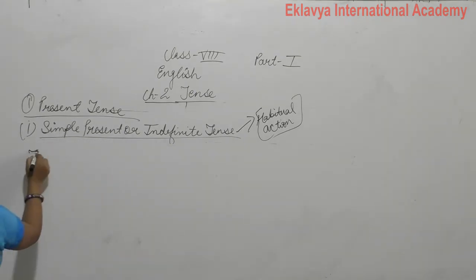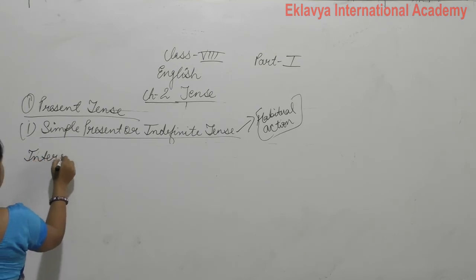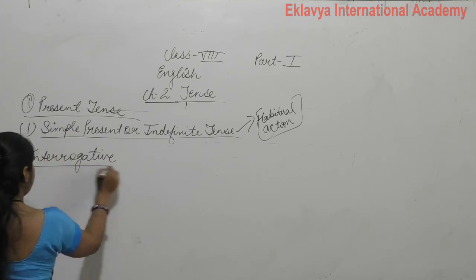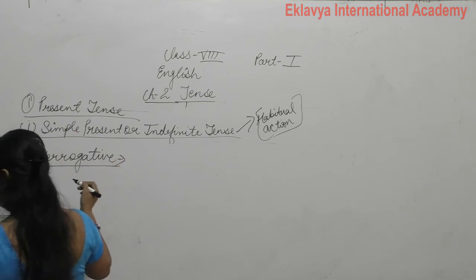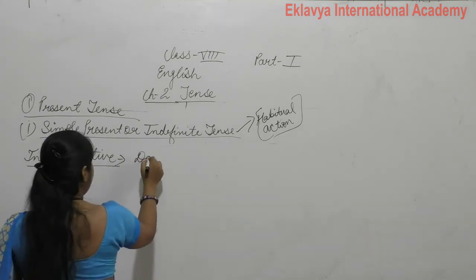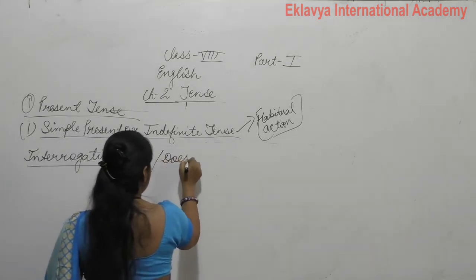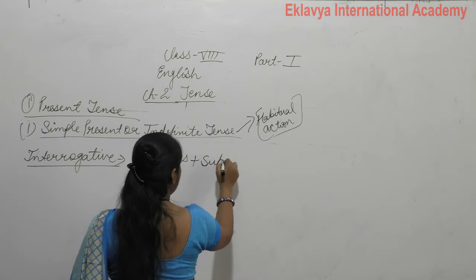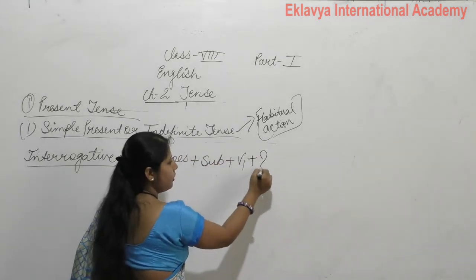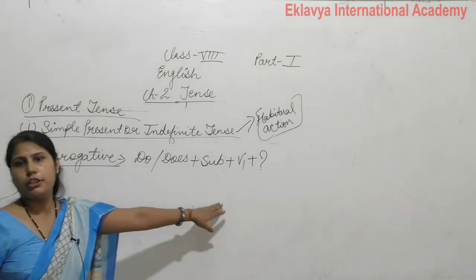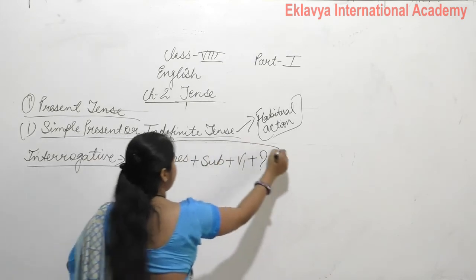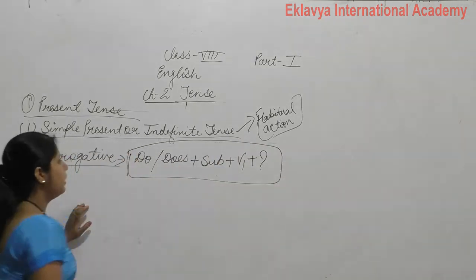Now next is our interrogative. In this, first of all, do, does, after that the subject comes, after that verb first form, then don't forget to put a question mark. Is that clear?